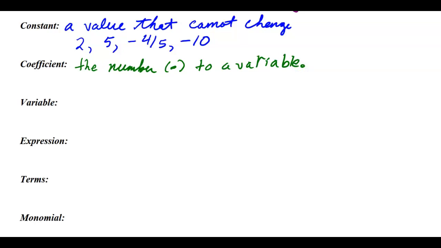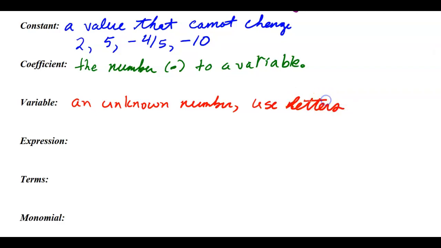So a variable is an unknown number. And you use letters. So for example, I'm using x, y, a.